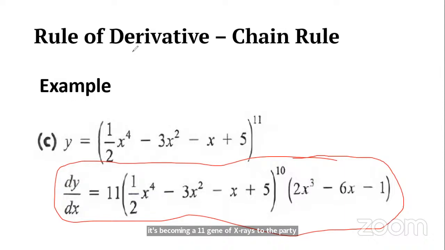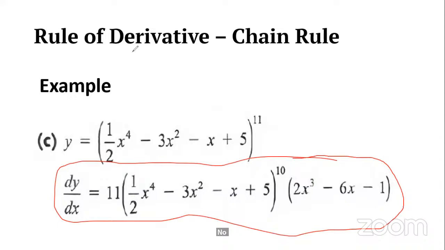All right. Yes. And then now for the g of x, it becomes 2x cubed minus 6x minus 1. Okay, you see that the first stage you said 11 g of x to the power 10, right? That means you are not differentiating the g of x. So the second one, you differentiate the g of x, right?